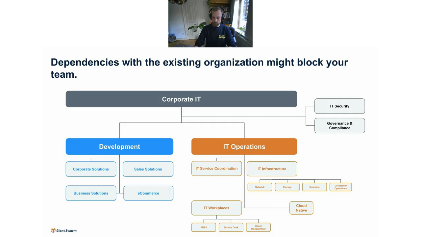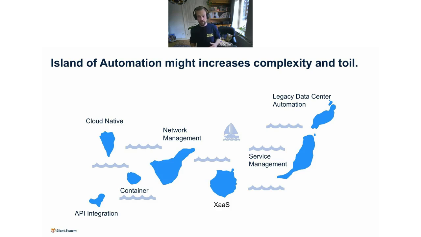The second one is that islands of automation might increase complexity and toil. This might happen because we have new tools but weren't able to automate or integrate older tools the proper way. It might also happen because business units start using cloud by themselves and then say, we have a cloud solution here for our use case, are you able to operate it?